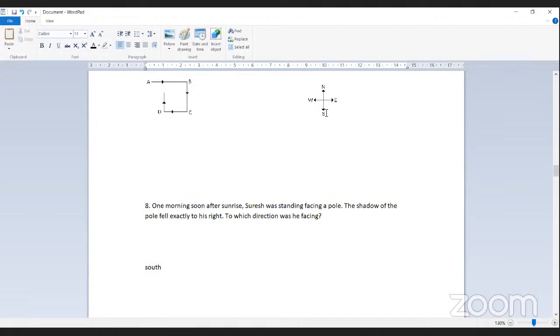So the sun is towards his left, towards east, and his right is towards west. If you imagine the person is facing this side, his left would be towards east, his right would be the shadow of the pole, and he's facing the pole. That means he's facing the south direction. Okay, any doubt in this?